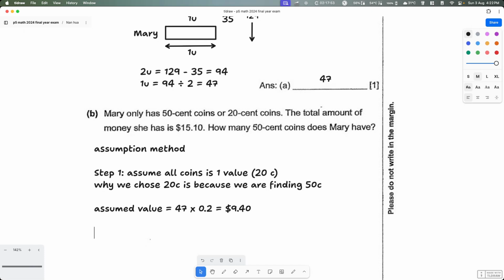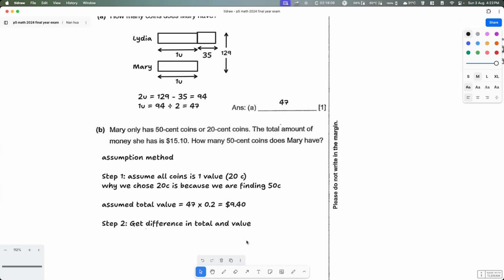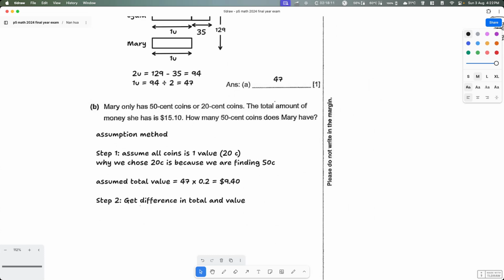Then step two, get the difference in total value. So the total difference is equal to 15.10 minus 9.4.